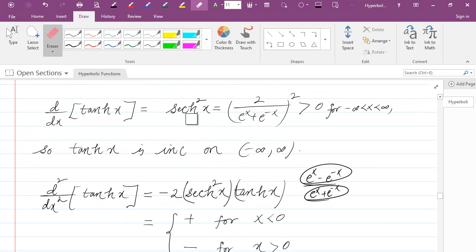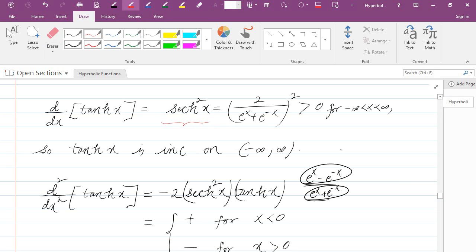So what's the derivative of hyperbolic secant squared of x? Well, that's going to be 2 hyperbolic secant of x times the derivative of hyperbolic secant of x. So we are taking the derivative of the hyperbolic secant squared.